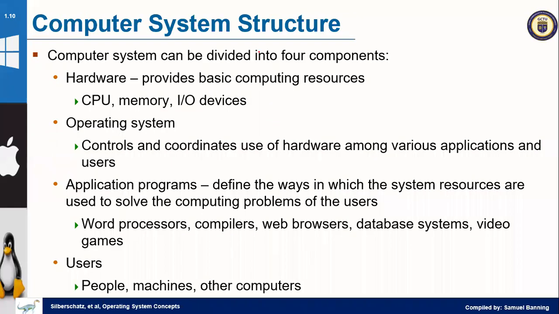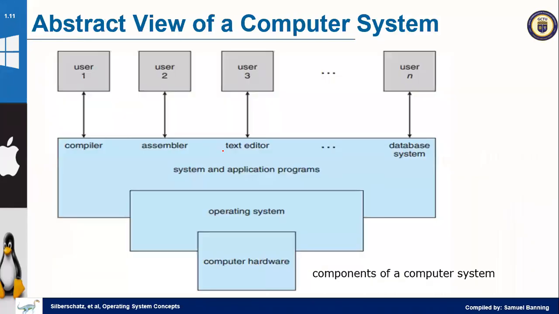Now, if you take the structure of every computer system, there are four main components: the hardware, the operating system, the users, and the programs. Let's use this diagram. The hardware, as we all know, is the physical components that you can find on the computer system.